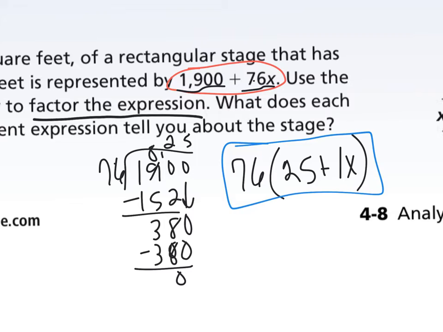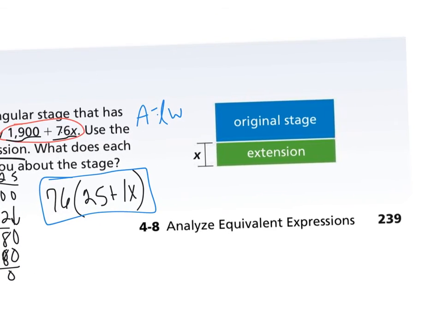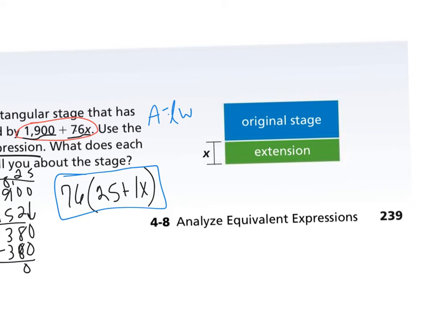And then the second part is what each factor tells us about the stage. Well, we know to find the area of a rectangle, like we talked about in the last problem, we do length times width. So what should happen if we did this correctly, one of these factors should be the length and one of them should be the width. So if we look at our picture, the x, or the 1x, we can see is already given to us.